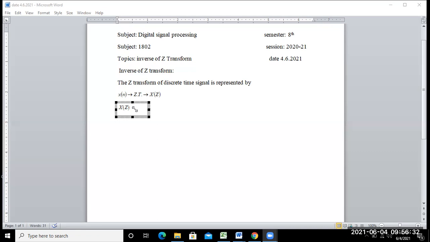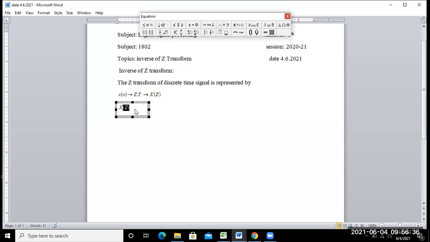Xz is represented by Xz equal to summation of n equal to minus infinity to infinity xn z to the power minus n.